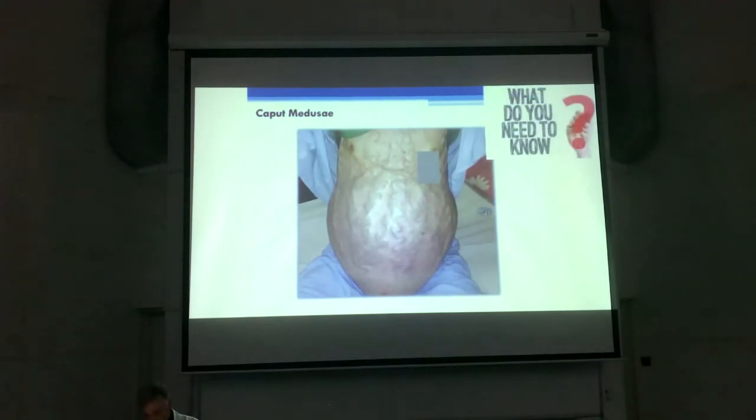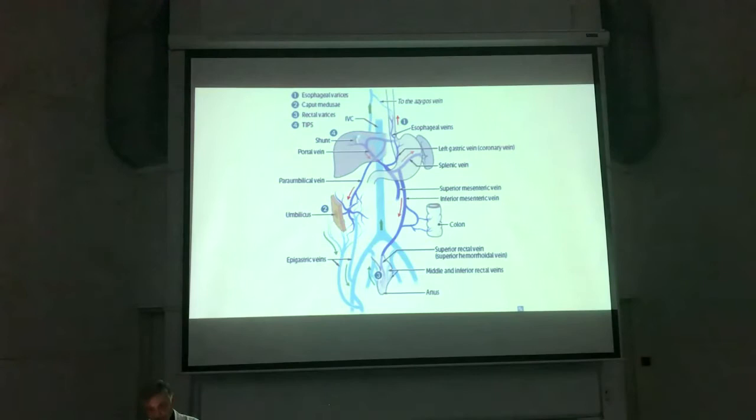Anyway, what do I need to know about this case? The portal circulation. Problem in the liver. Blood must come, enter the liver, and go to the inferior vena cava.